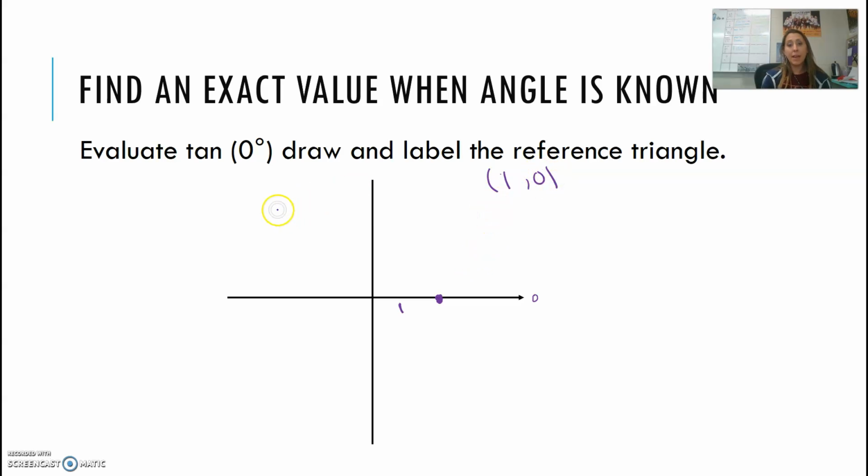So I have my x equals 1, my y equals 0. Now I have to find my r. So 1 squared plus 0 squared equals r squared. So we have 1 plus 0 equals r squared, 1 equals r squared. Take the square root of both, and I get r is 1.